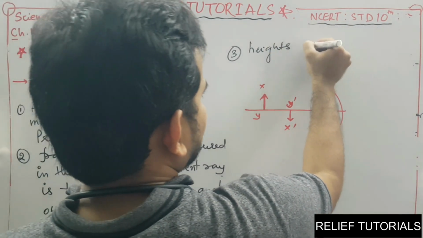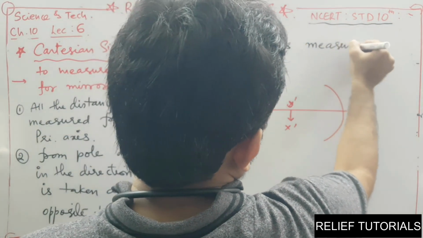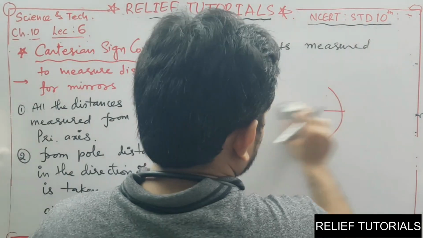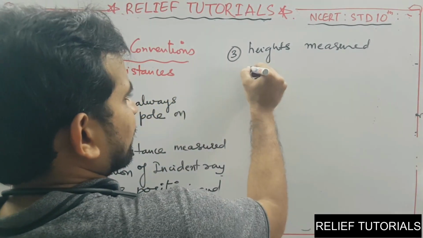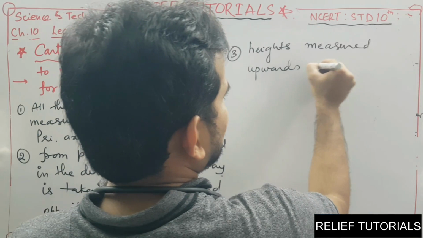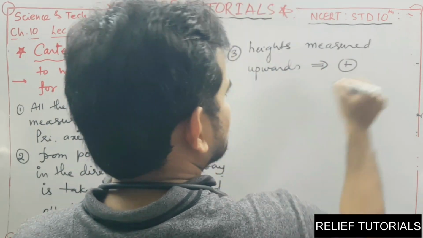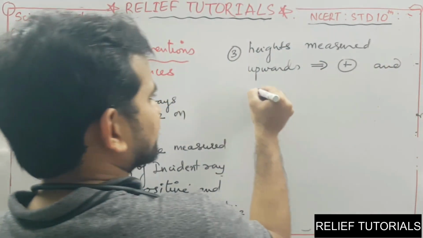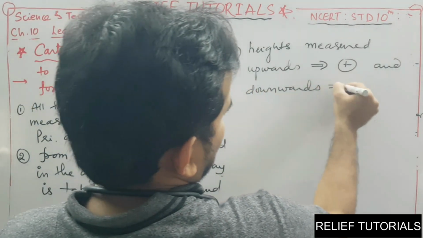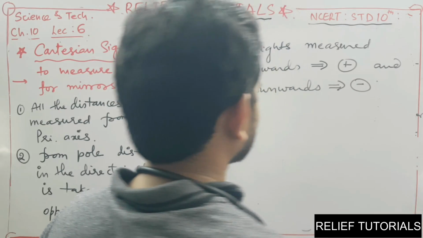Heights measured upwards are positive and downwards are negative.